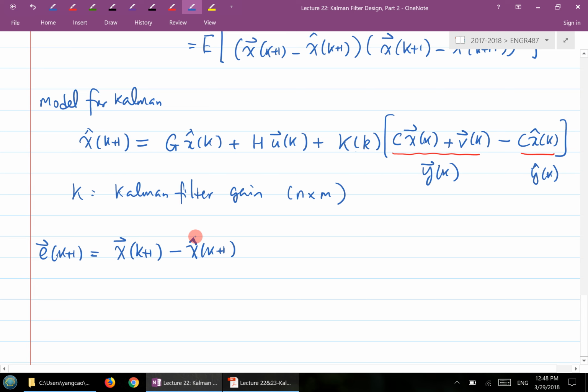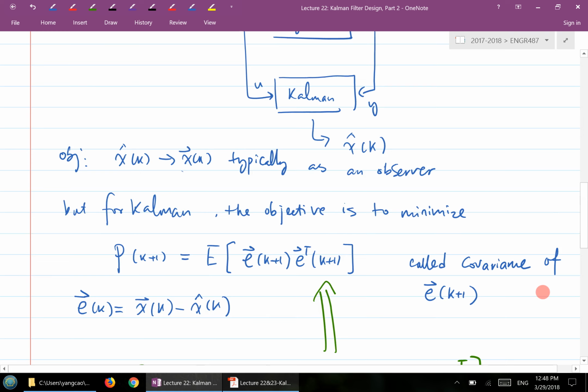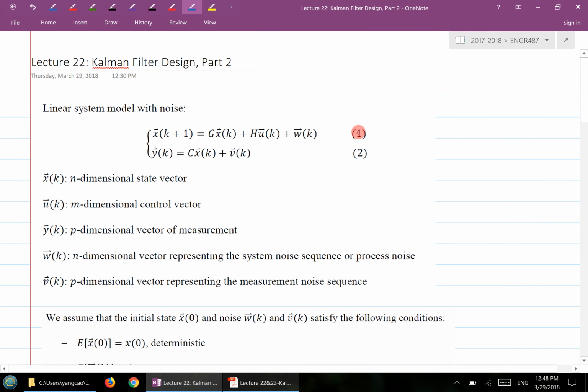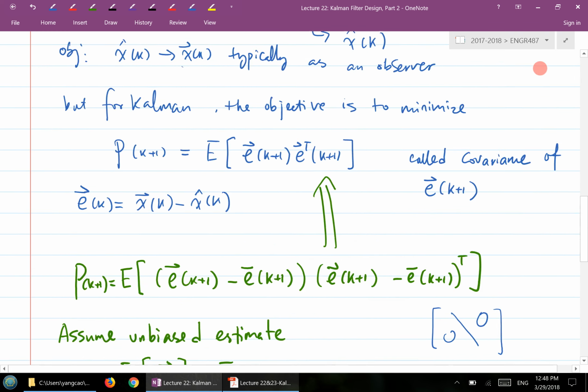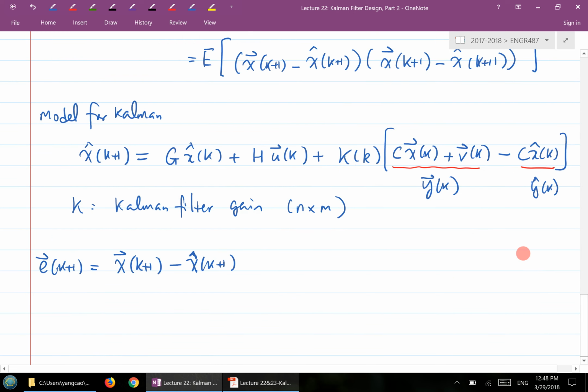What you do is very simple. You use equation number 1, and then minus equation number 3. So basically this is equation 1 minus equation 3.